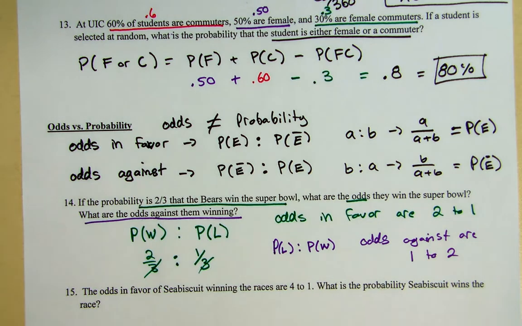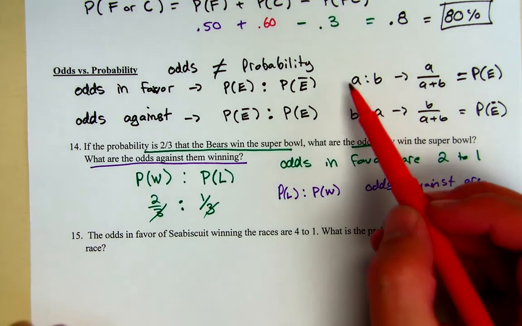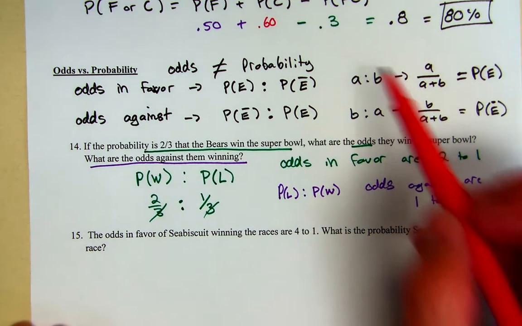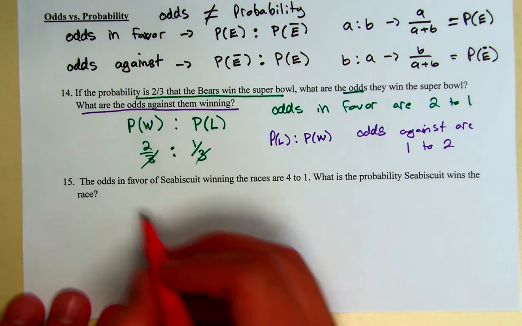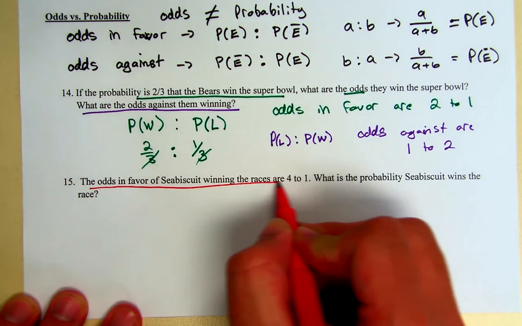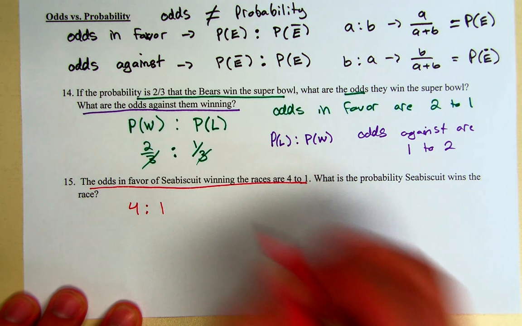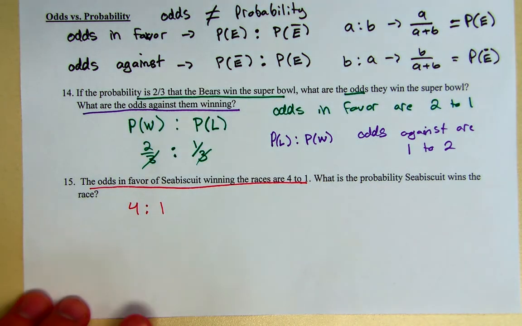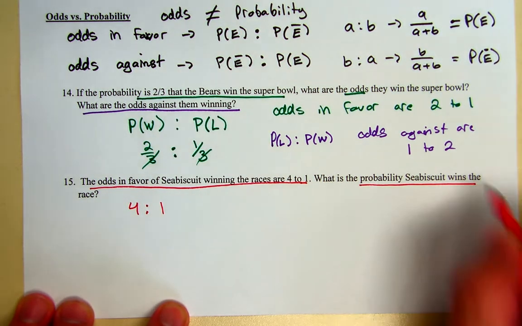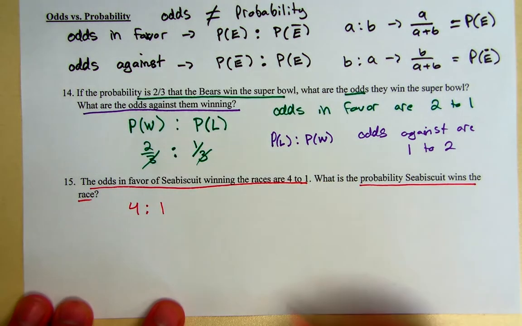The last situation is going to be using this part here. Odds in favor of C Biscuit winning the race are 4 to 1. So 4 to 1 are my odds. What is the probability that C Biscuit wins the race?